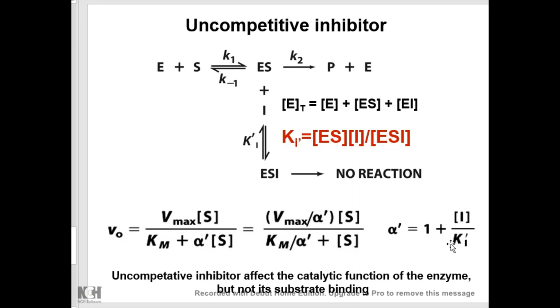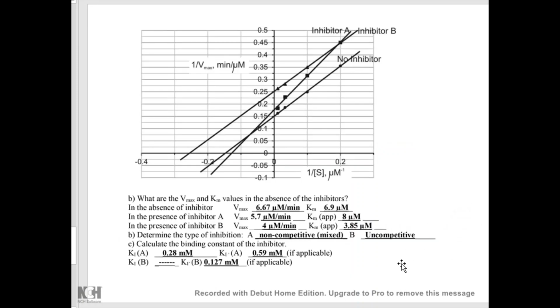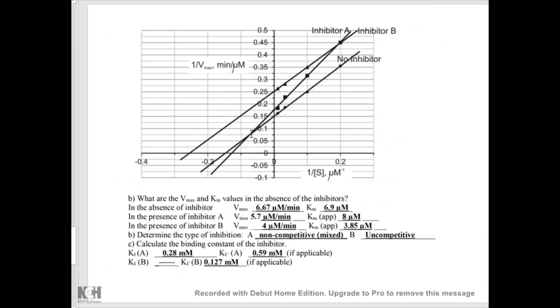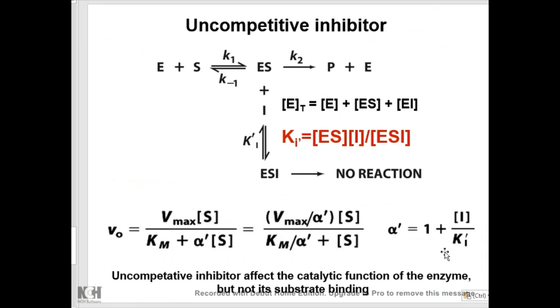And alpha prime is a parameter that combines actually all the characteristics of inhibitor, both inhibitor concentration and Ki prime. So the inhibitor concentration in our case is given in the problem. Let's take a look. The problem states that both inhibitors A and B are present at the concentration 0.1 millimolar. So what does it mean? It means that Ki prime can be found from this equation if you know alpha prime.